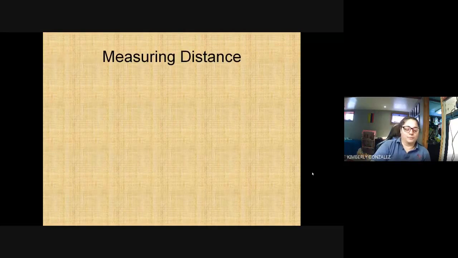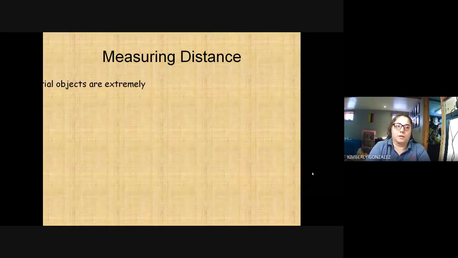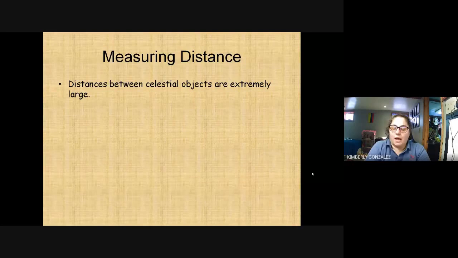All right, now since we're talking about the celestial objects, we also have to talk about how astronomers basically measure the distance between 2 objects. Well, first of all, you're not going to use the typical miles or kilometers that we use on Earth because the distances are extremely large. So there are 2 ways that you are going to be responsible for knowing how they measure the distance.